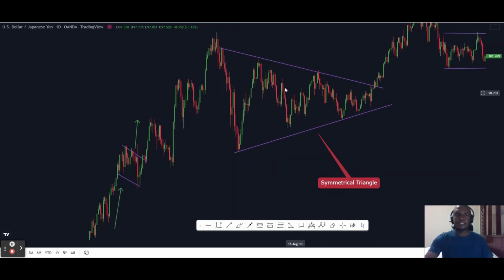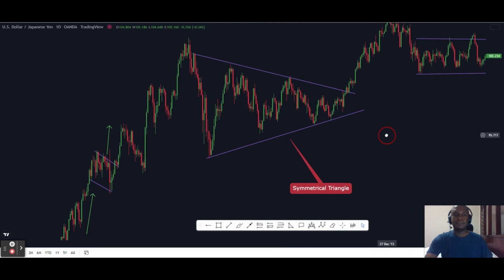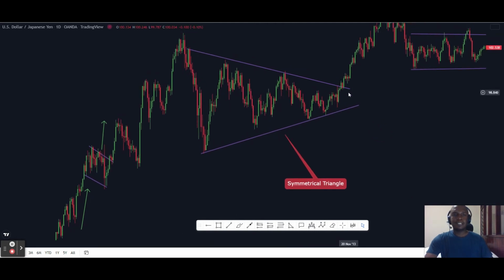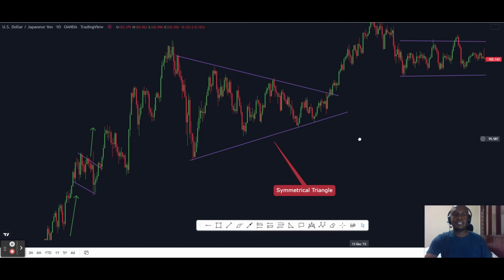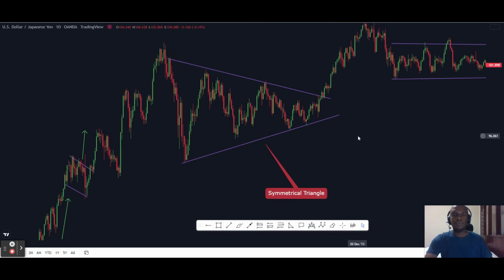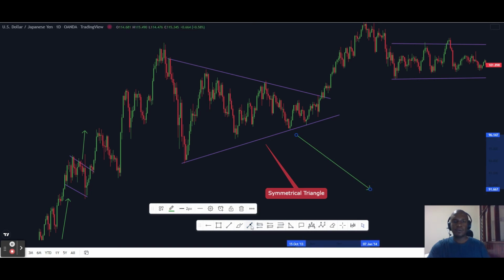And now we look at a symmetrical triangle. So we talked about this symmetrical triangle. We said that this is a bilateral pattern where the move can be either continuous or it can go backwards. So looking at the triangle itself, you can expect a move to the downside or a move to the upside.